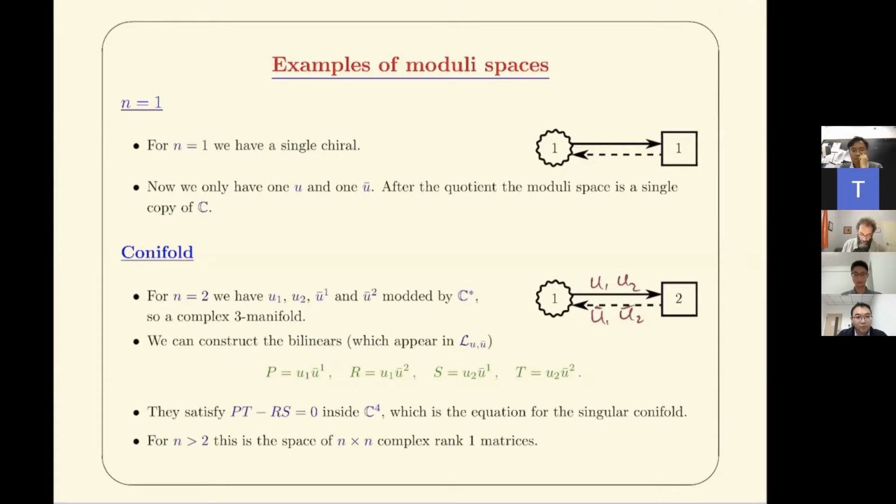So I have 4. So I have a C4 mod C star. So I end up with a 3-dimensional complex manifold.